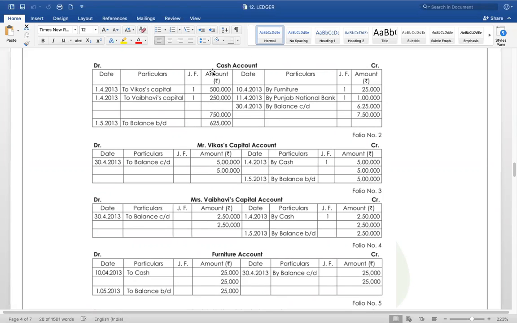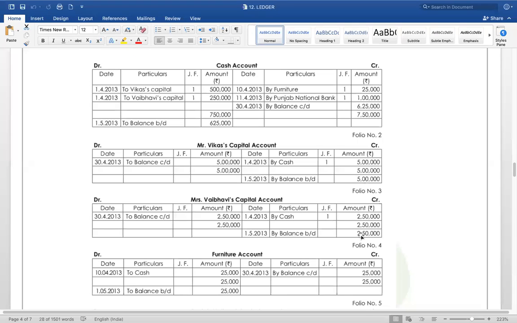And what is debited in the cash account will be credited in the respective account. For example, if you see cash account debit to Vikas capital account, in Vikas capital account, the cash account gets credited. Similarly, in Vaibhavi's capital account, it is credited with the cash of 2 lakhs 50,000.